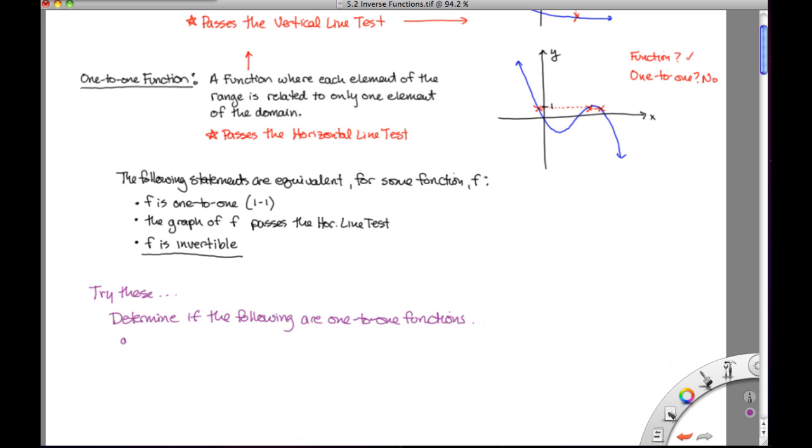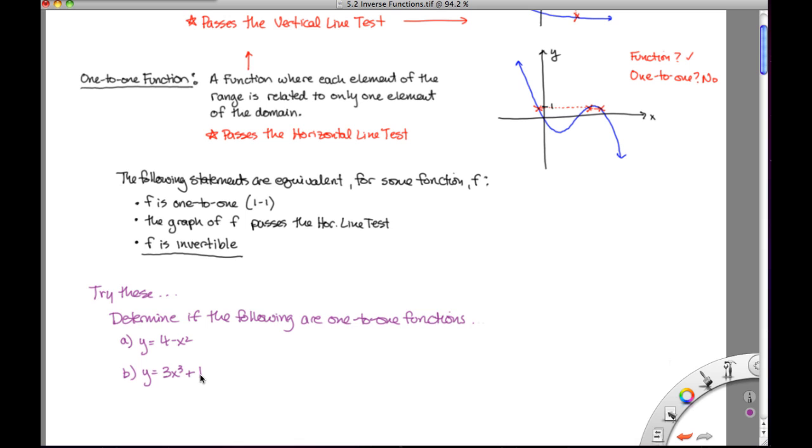Let's start with this first one, we'll go with something like 4 minus x squared. Just so we've got this a little more clear, let's call this y is equal to 4 minus x squared. And for our second one, go ahead and try y is equal to 3x cubed plus 1.